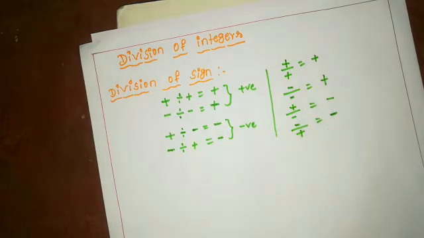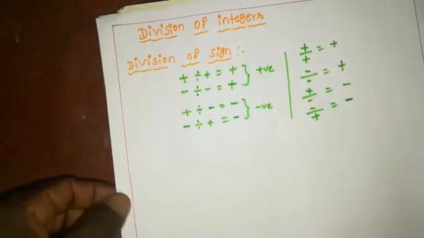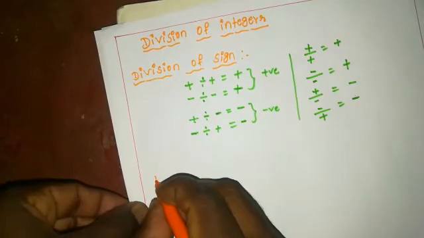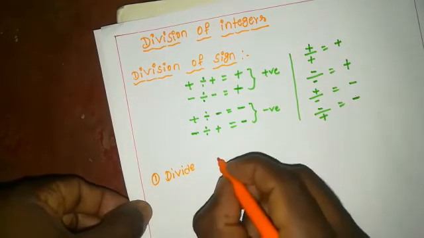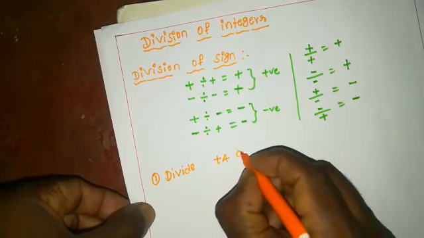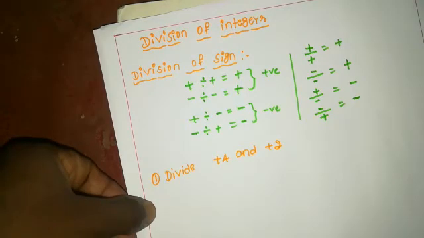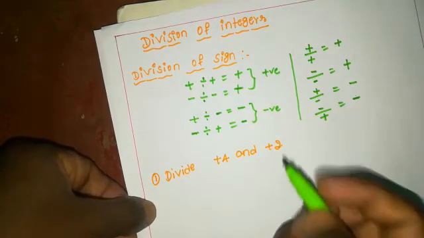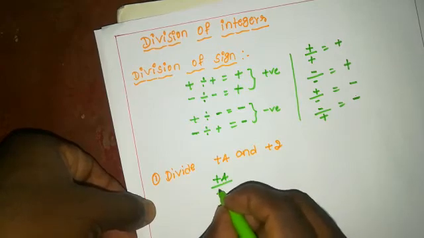Let's see examples of how to divide integers having the same sign and opposite sign. The first one: divide plus 4 and plus 2. It means we have to divide plus 4 by plus 2.